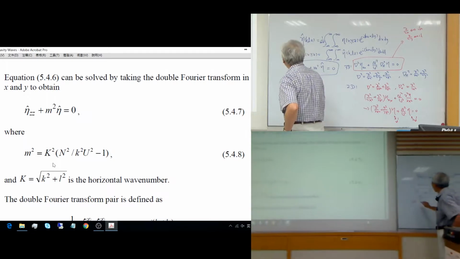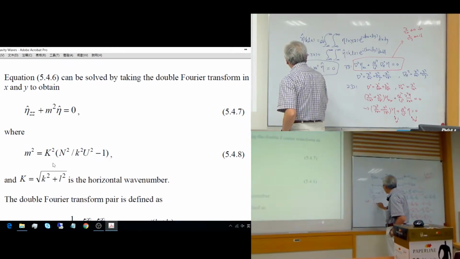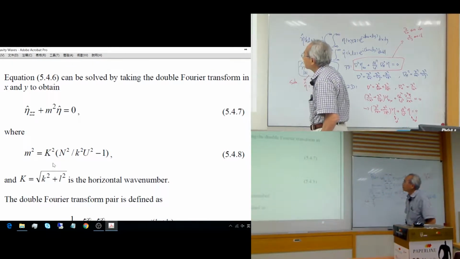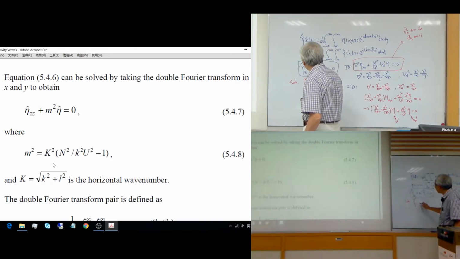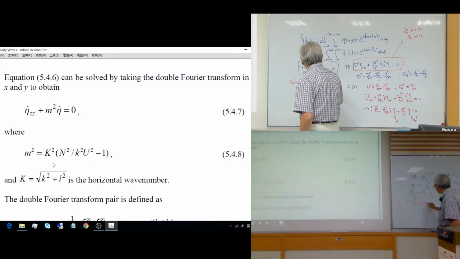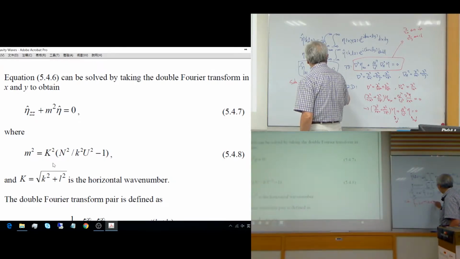So we have eta hat equal to A e to the i m z plus B e to the negative i m z.